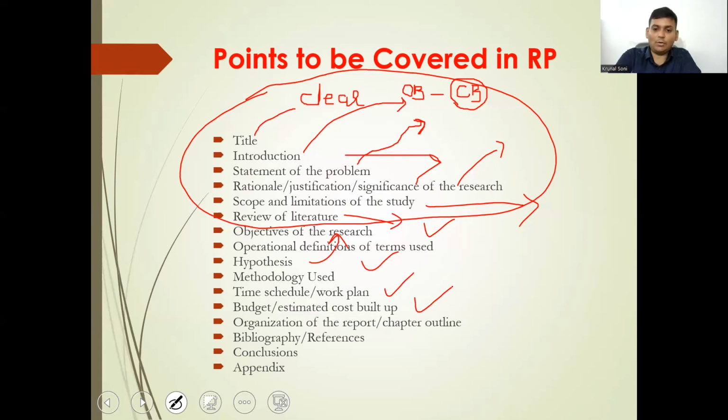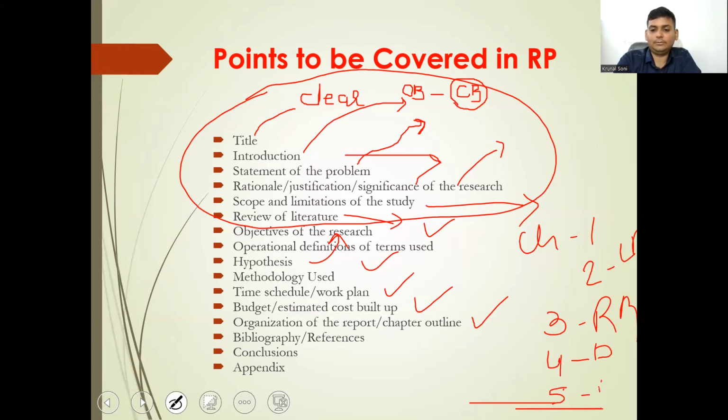Then chapter outline, right? Chapter outline means you need to define what your chapters will be. Like chapter 1 introduction, 2 LR, 3 RM, 4 data analysis, 5 findings and conclusion, right? So that is what we need to define.